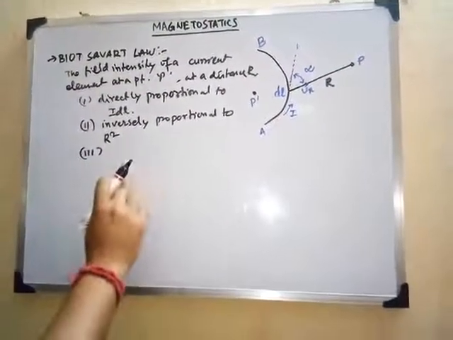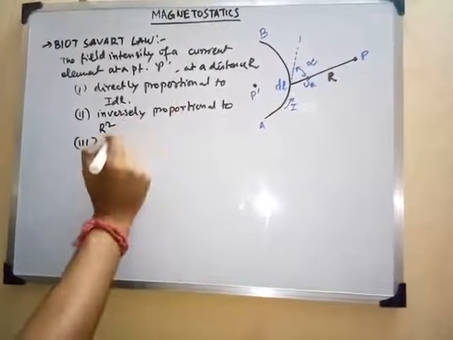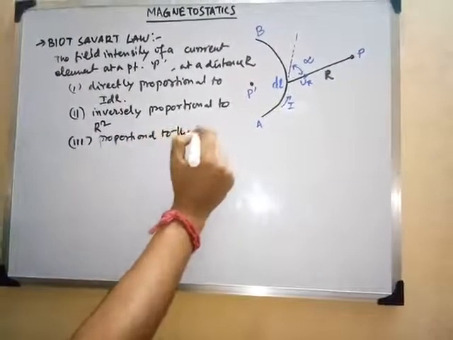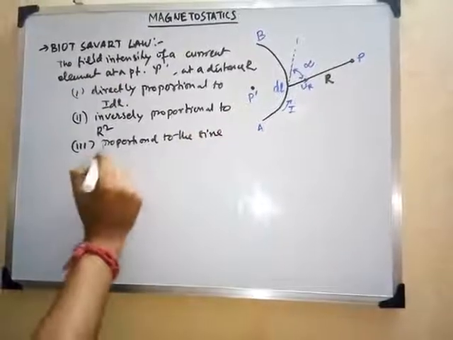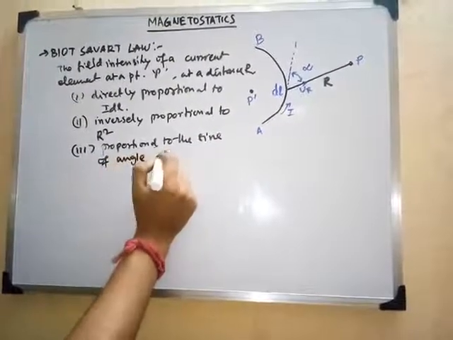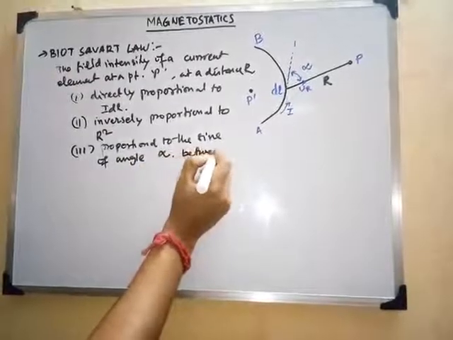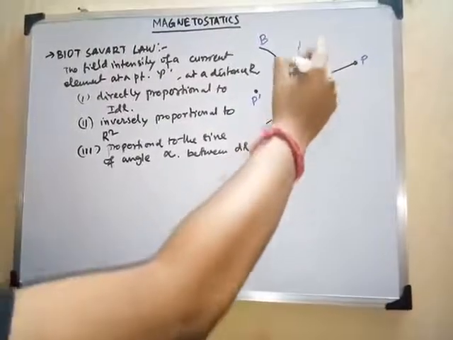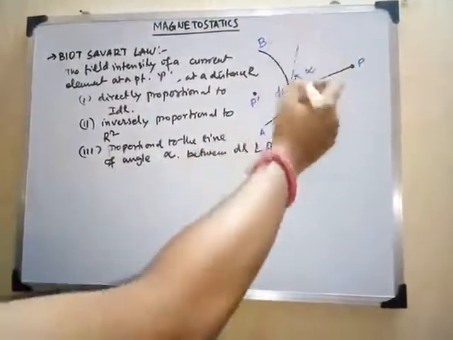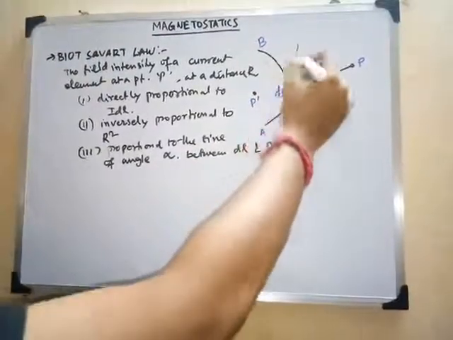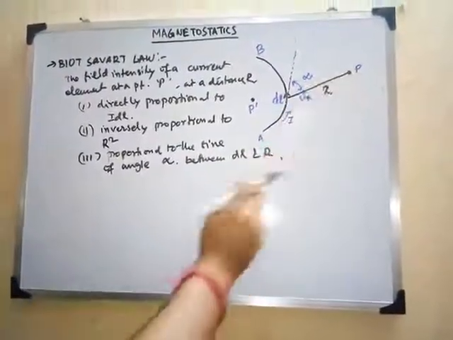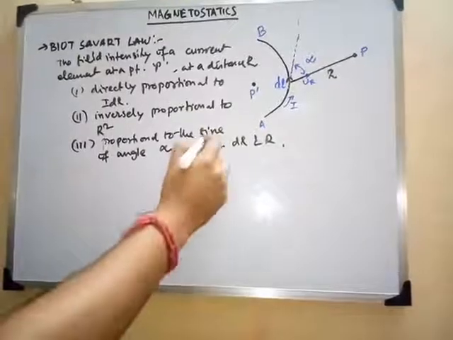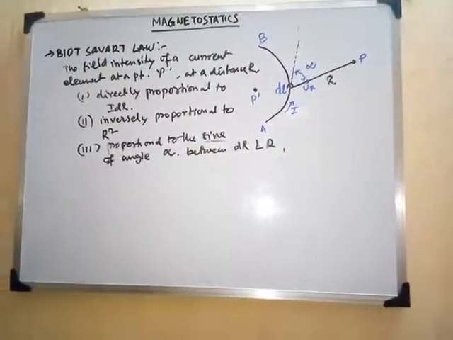So thus we can also write it is proportional to the sine of angle alpha between DL and R. This is the direction of DL and this is your R, so the angle between DL and R is considered as alpha. So it is proportional to the sine of the angle between DL and R. You have to remember this sine.